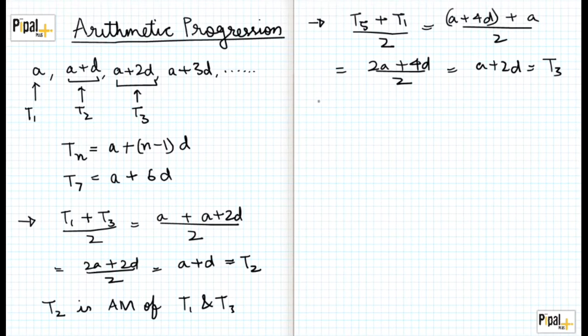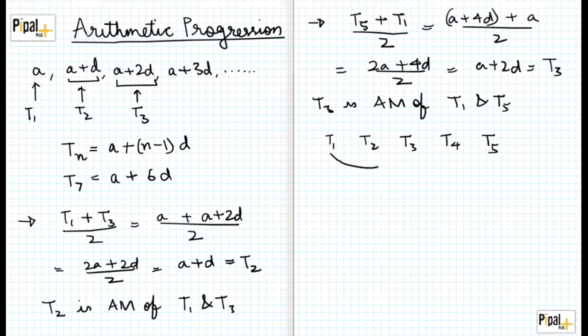So I can say that T3 is the arithmetic mean of T1 and T5. Now you notice that T2 was bang in the middle of T1 and T3. Similarly, T3 is bang in the middle of T1 and T5. If I write T1, T2, T3, T4, T5, I notice that the middle term T3 is exactly equal in distance from T1 and T5.